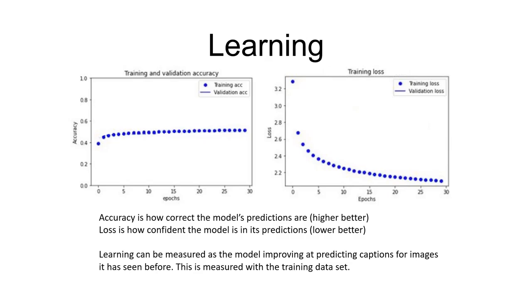Where accuracy measures how well our model is predicting words, the loss is the measurement of the uncertainty in our model's predictions. Therefore, unlike accuracy, the lower the loss value, the better, as it means our model is more confident in its decisions. Now, with an understanding of loss and accuracy, we can see in these graphs that the accuracy and loss for both improve, therefore signifying that learning is taking place.